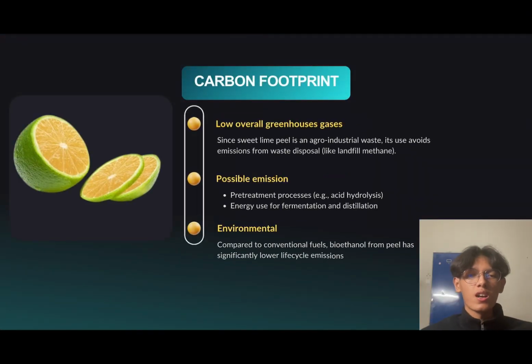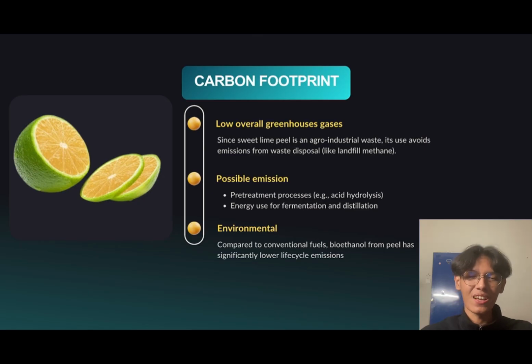Moving on, this is the carbon footprint for the production of bioethanol from sweet lime peel. As we know, sweet lime peel is an agro-industrial waste, so it would have low overall greenhouse gas emissions.